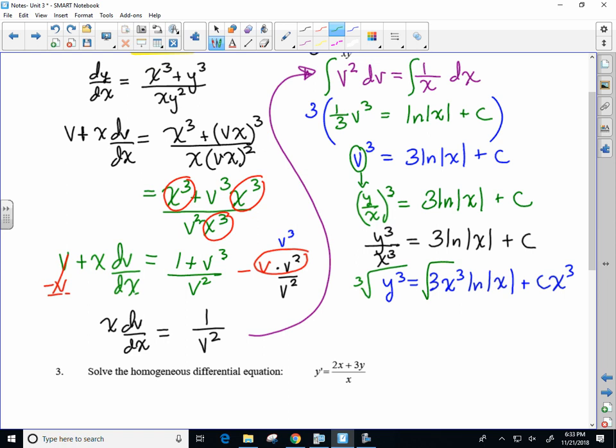If I want to, I can pull out the x cubed. But since our goal is really to just get y alone, I'm not going to get too hung up on the pre-calc stuff. You had to do plenty of pre-calc to get to this point to begin with.